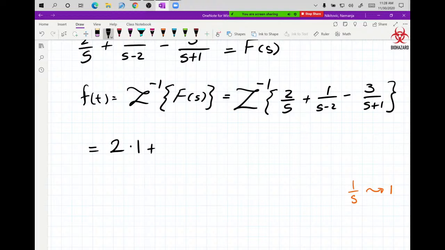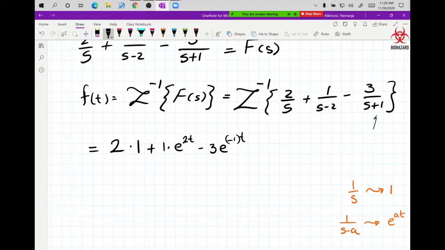Plus, and we said that 1 over s minus a is going to go into e to the at, right? So I have a to be 2, so this one is like 1 times e to the 2t, minus 3 times e to the negative 1 times t.